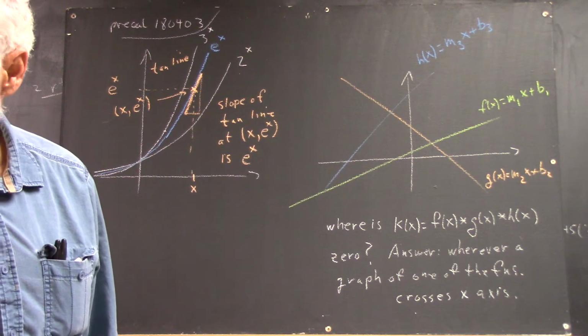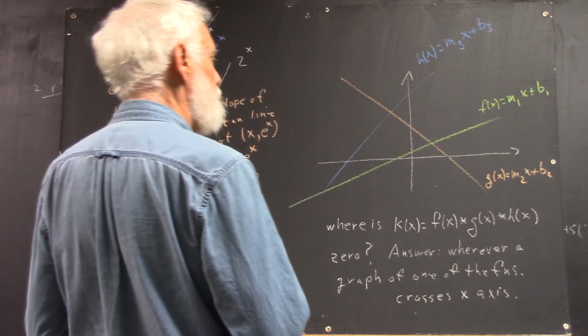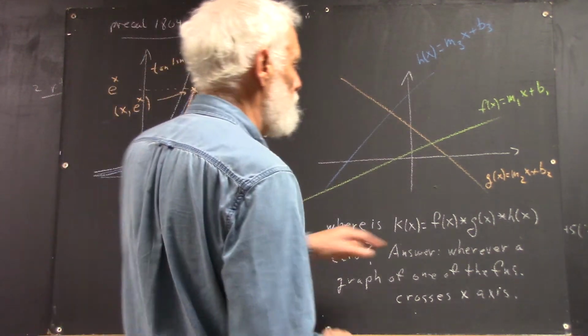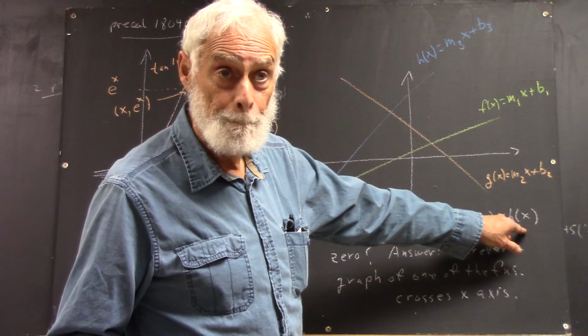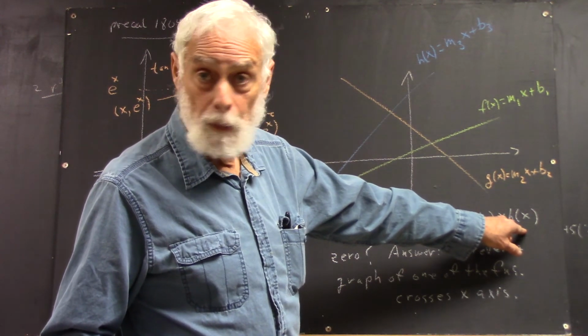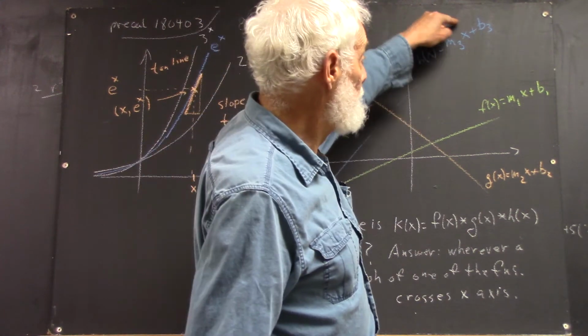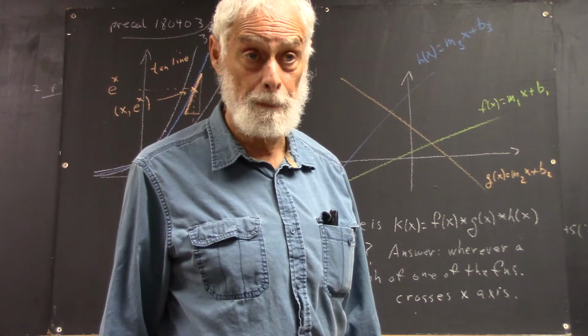Now, let's just say, first of all, what kind of function do you get if you multiply these? Well, you're going to write this expression times this expression times this expression and apply the distributive law, right?